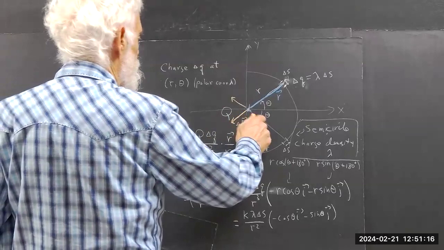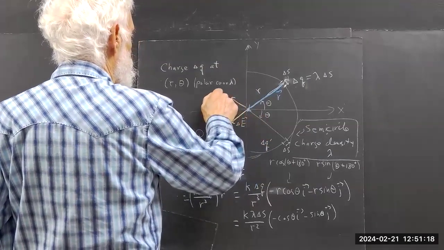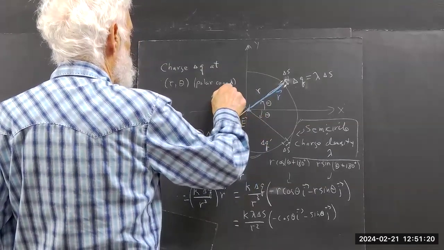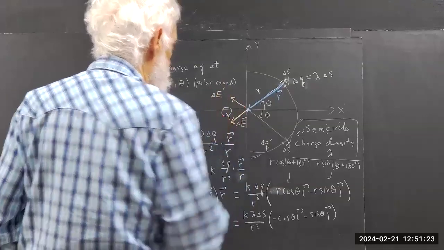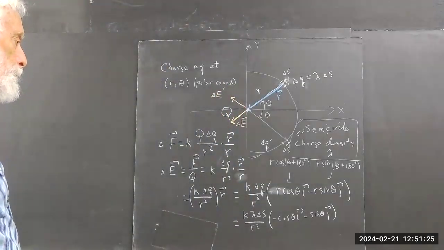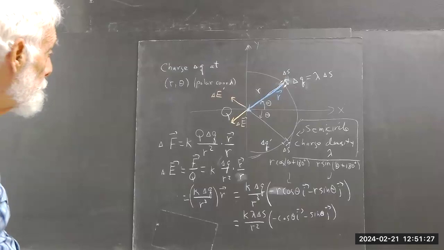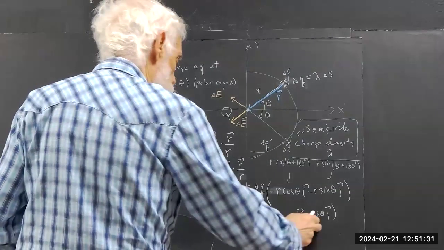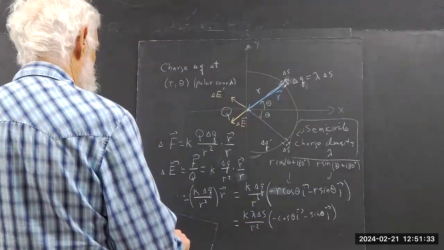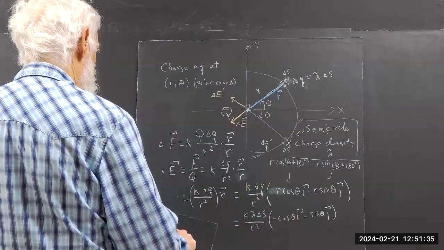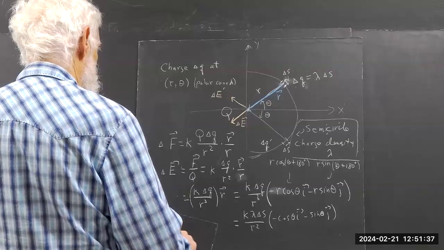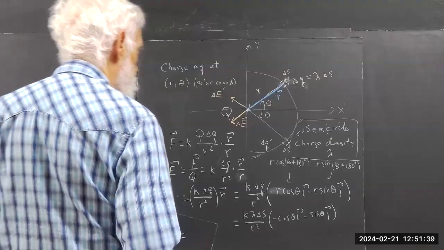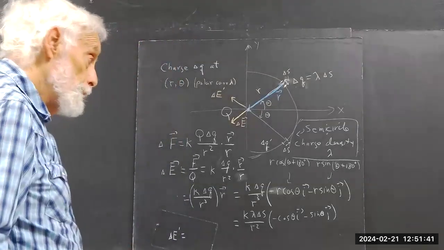So I'll have a field here, delta E prime. Okay, well, can you write out the expression that we would get for delta E prime?